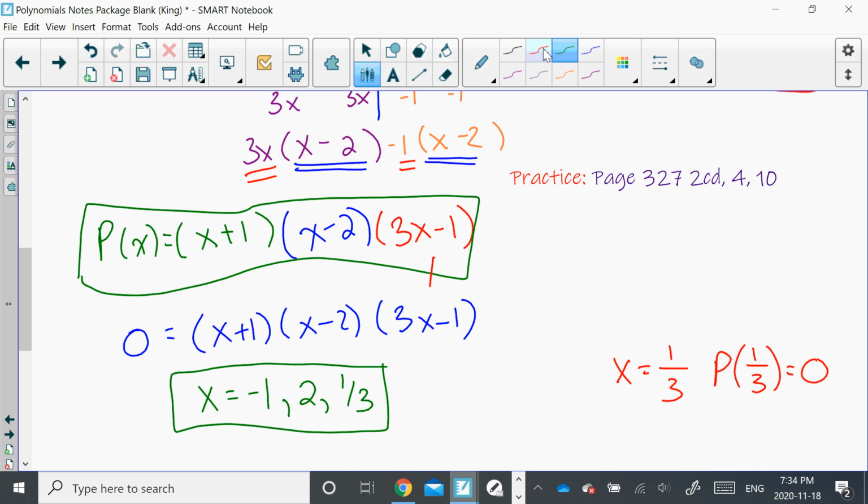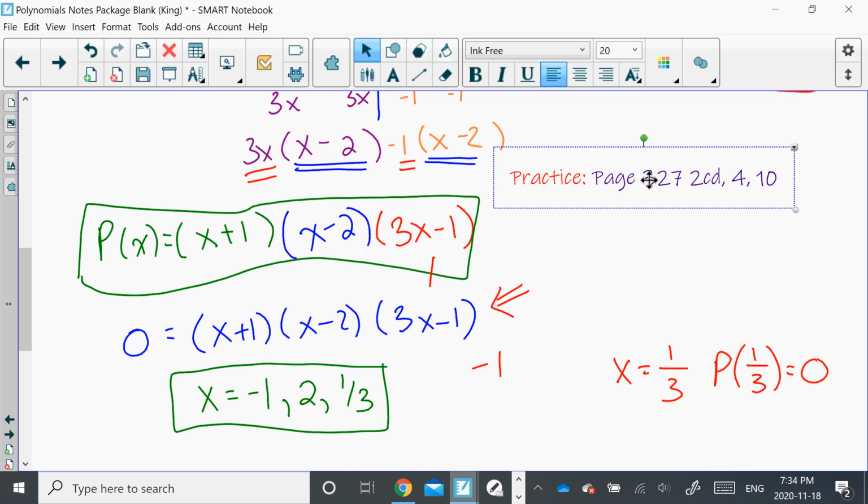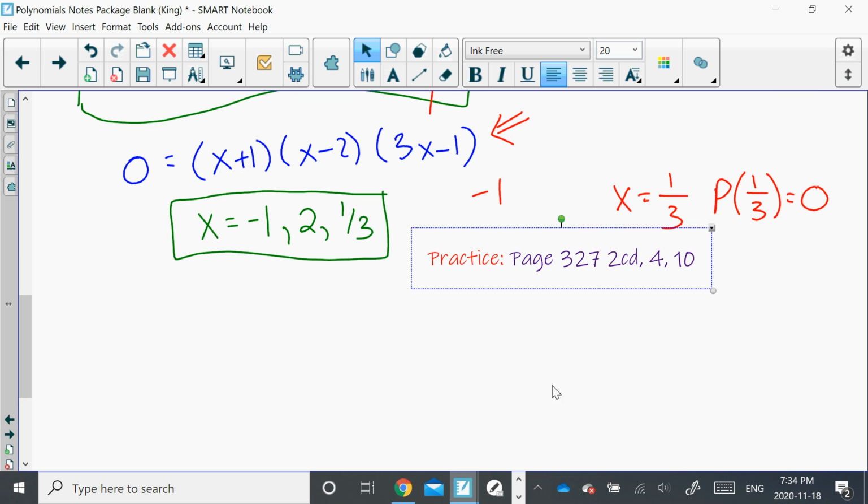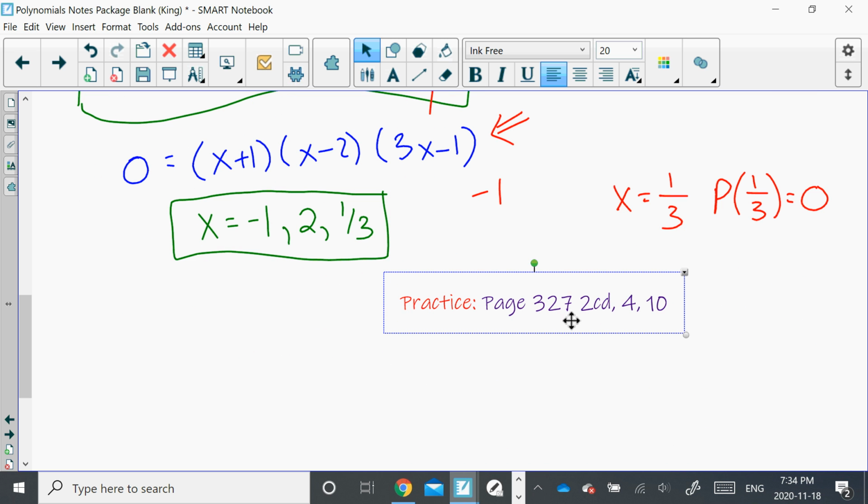But once again, if you don't have this, if it was a 5-mark question, you would get -1 if you're missing this. Okay? What I want you to do to see if you understand this, these are the questions in your workbook. So it's on page 327, and there's 4 of them.